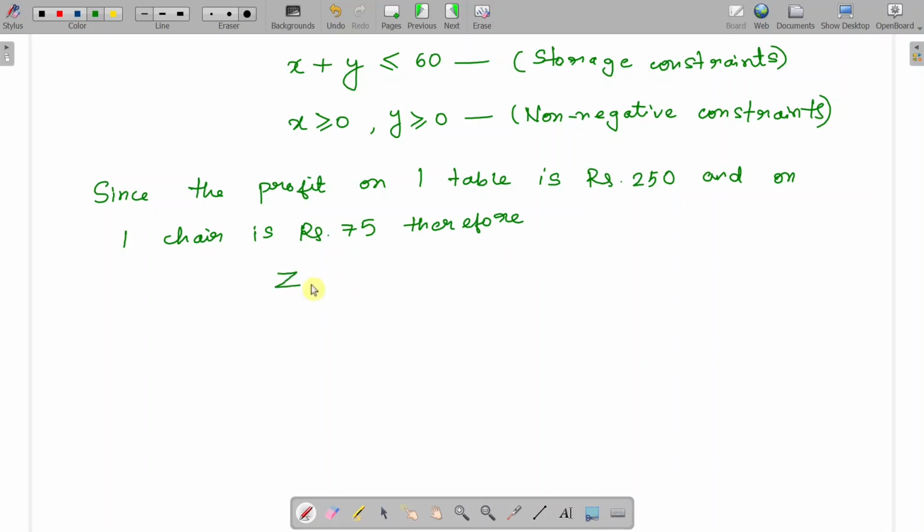Therefore z is equal to 250x, because 250 is the profit on one table, so profit on x tables will be 250x, plus the profit on one chair is 75, so the profit on y chairs will be 75y. So this is the function of x and y, and this is known as the objective function.